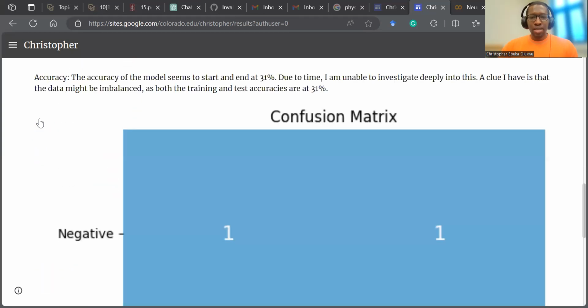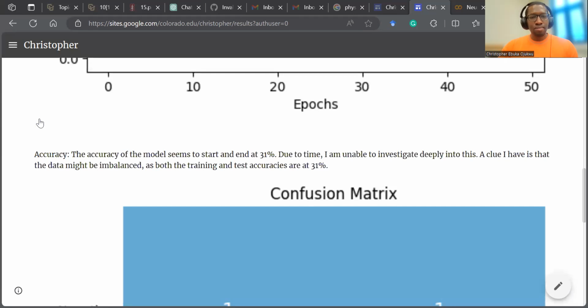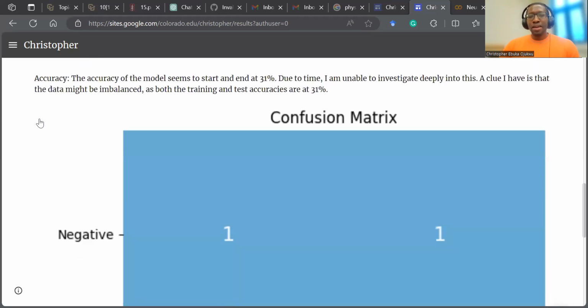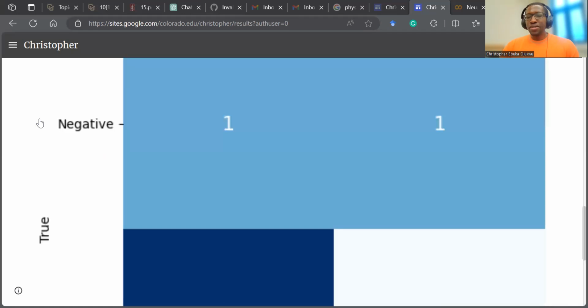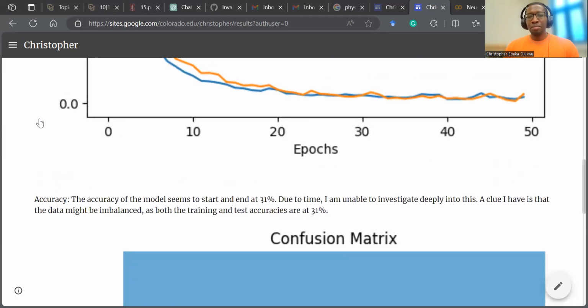But then something interesting happens when I calculated the accuracy. I found out that the accuracy doesn't go beyond 31%, which is troubling. I think it might be a case that the Siamese model might not be the best fit for this, or maybe I need to do something else intermediately to get to this point.